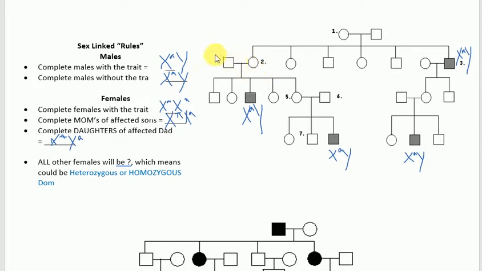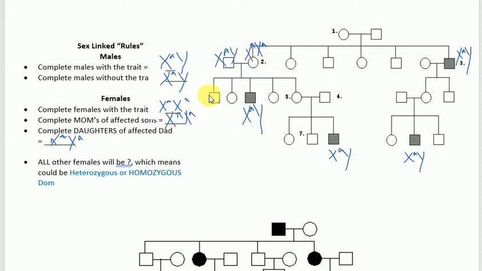So we know that dad is X big A Y. So that means, obviously, he gets Y from dad. He gets a little a from mom. So that means that she is X big A, X little a. Okay?